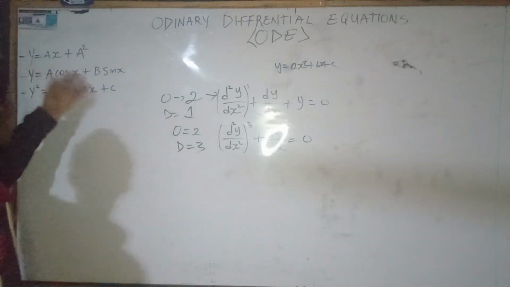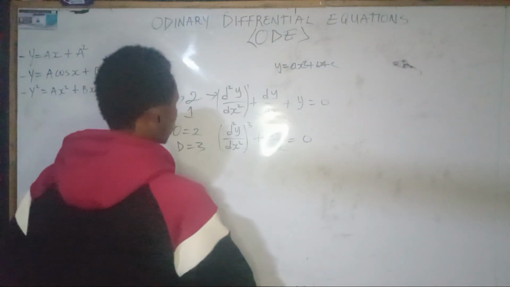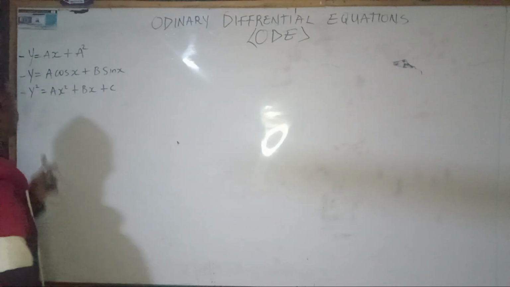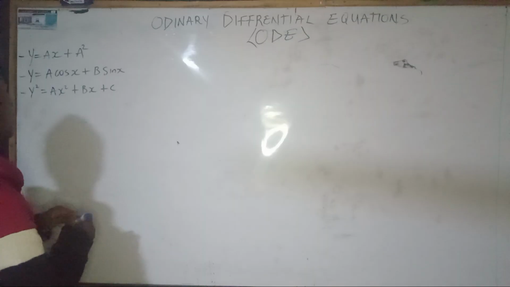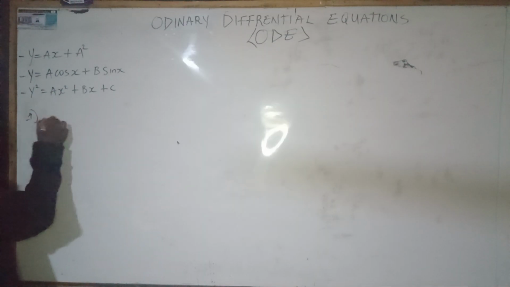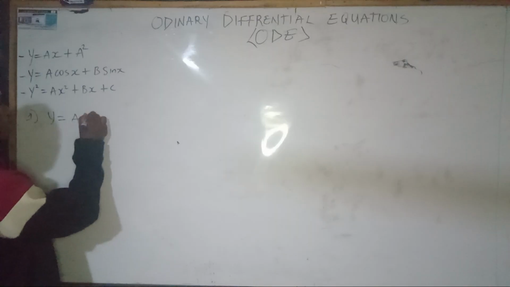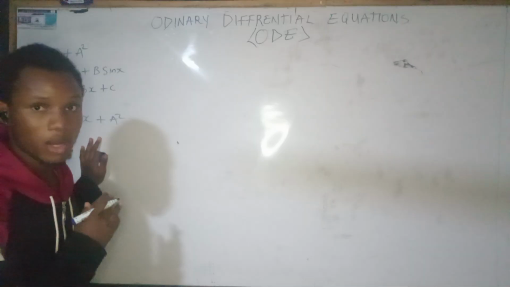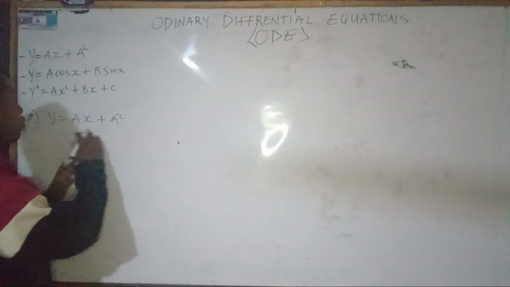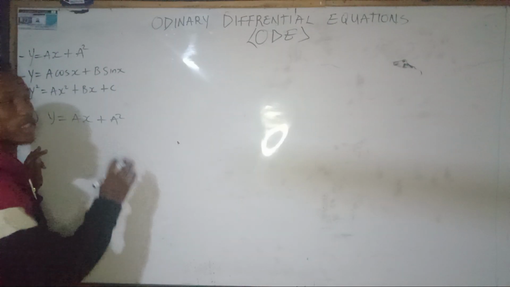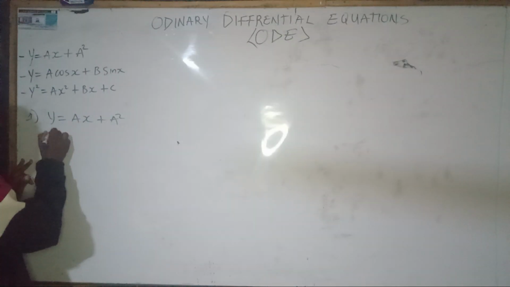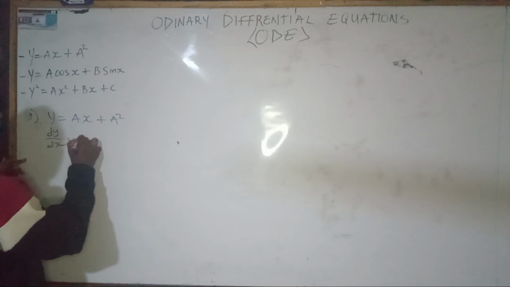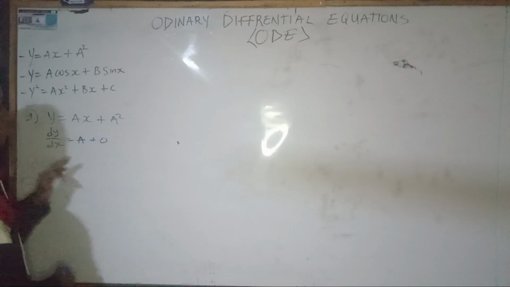Let's say we are given these ordinary equations here on the board, and now let us try to solve them. The first one here is y = ax + a². If we are to turn this normal equation into a differential equation, we differentiate both sides. So we have dy/dx = a.